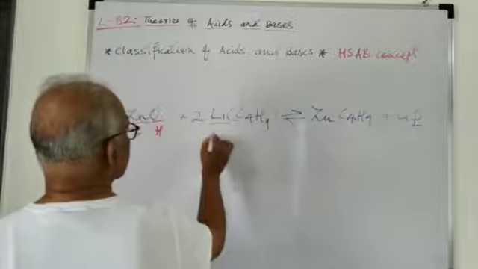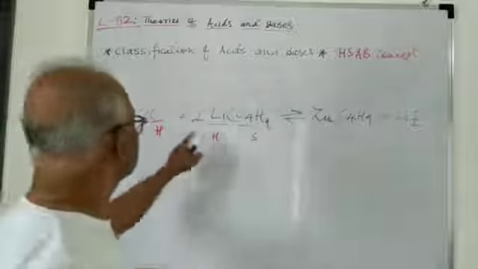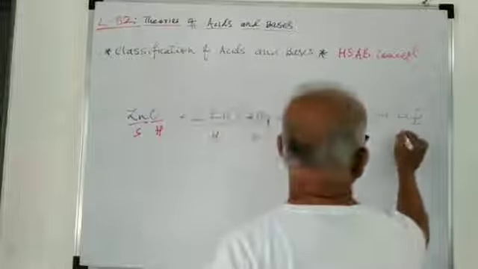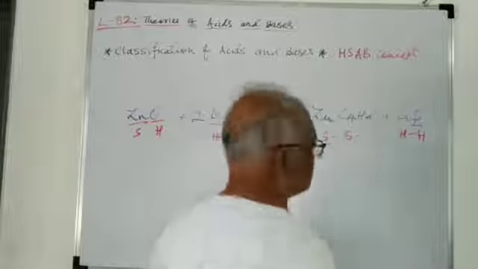Lithium plus is hard, and C4H9 minus is soft. So the hard-hard combination will take place.